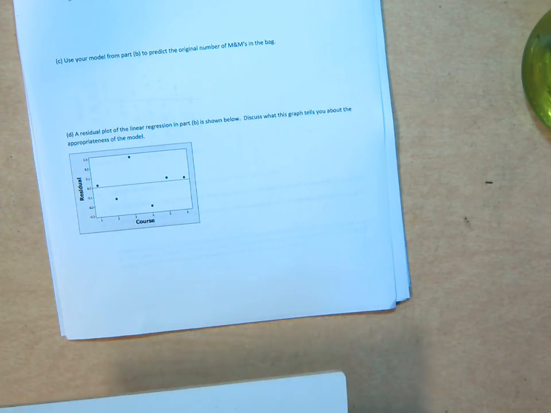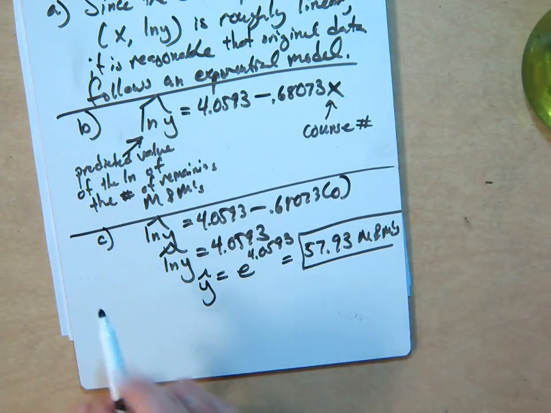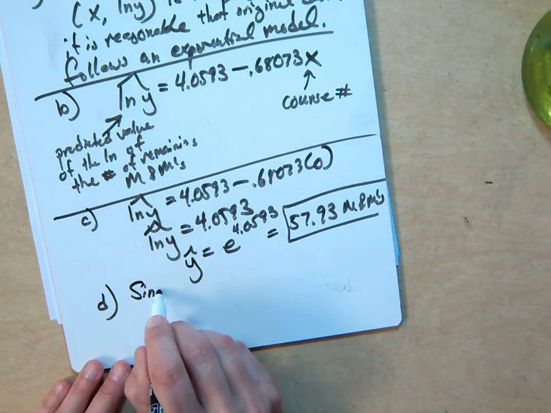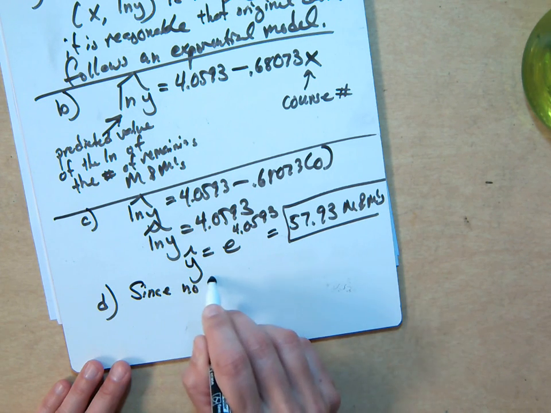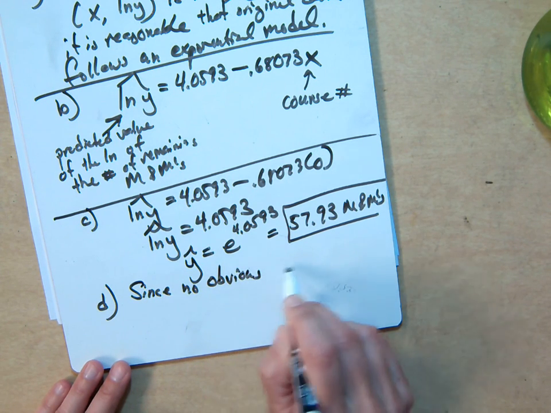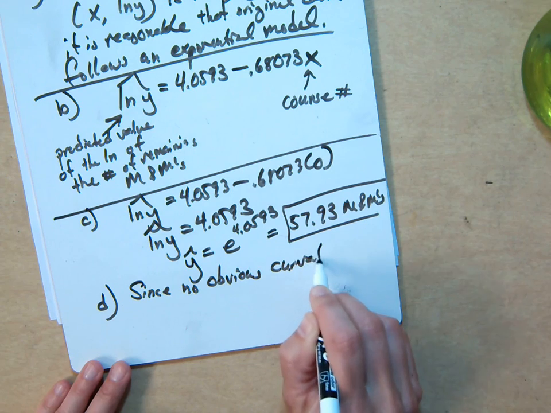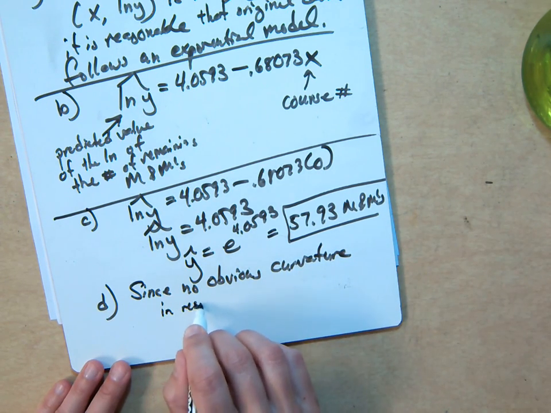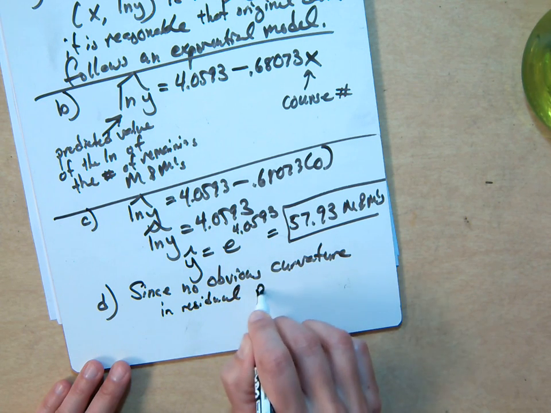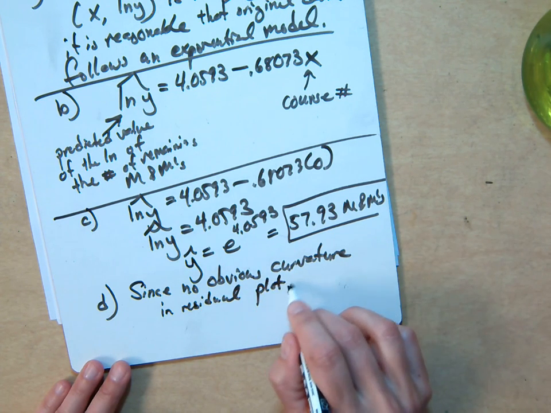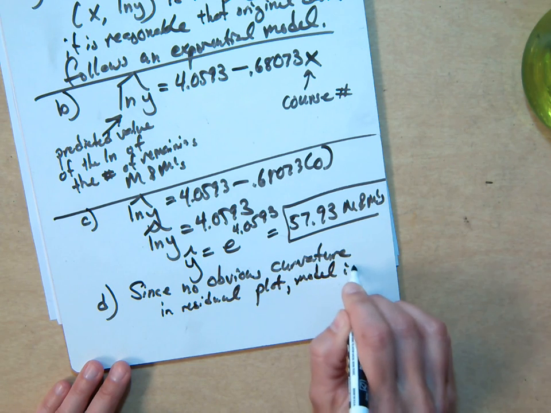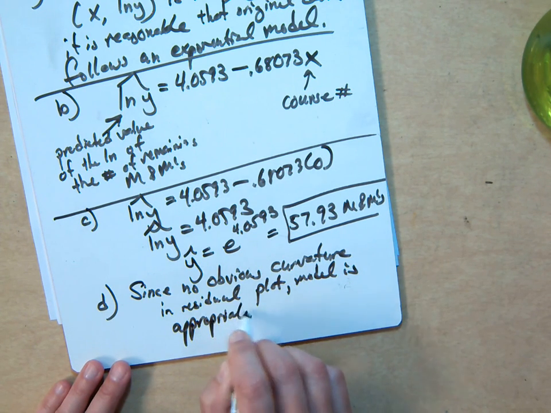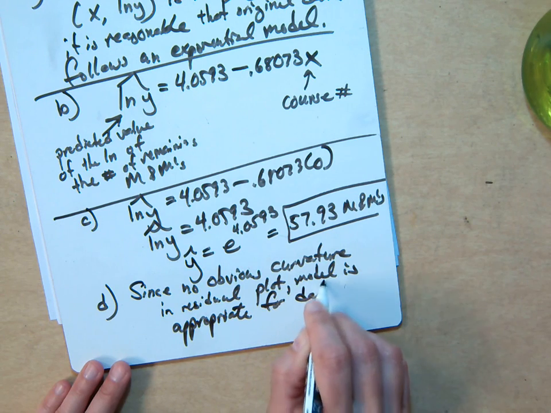So for part D, we would say something like, since there is no obvious curvature in the residual plot, the model is appropriate for the data.